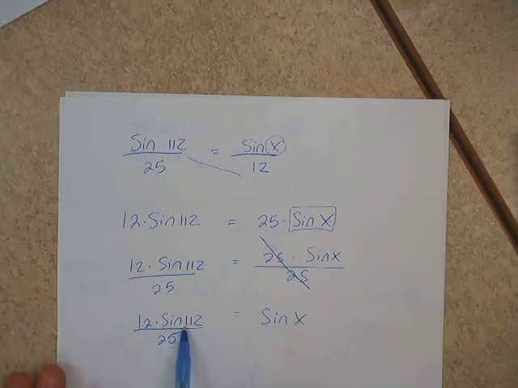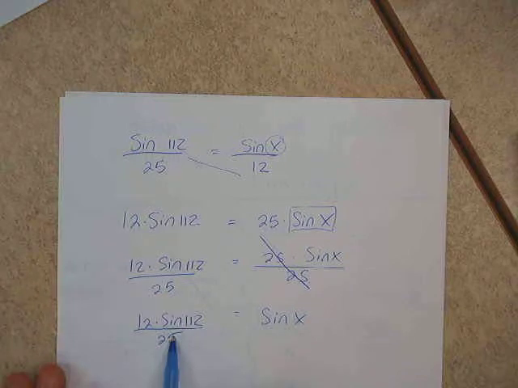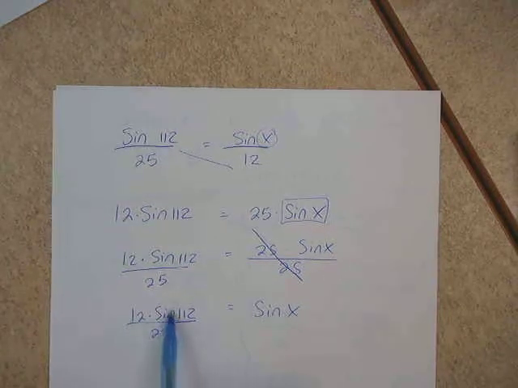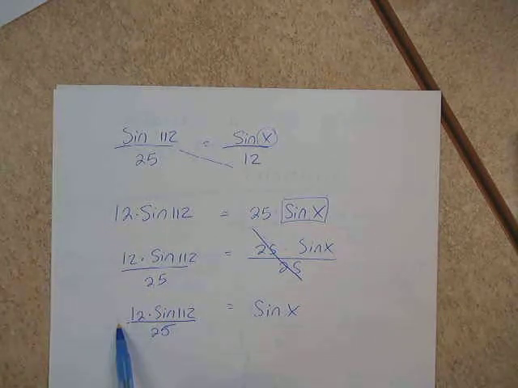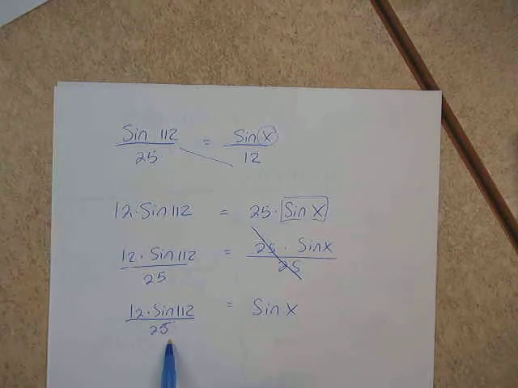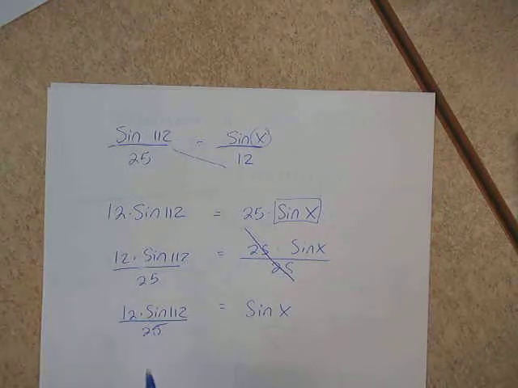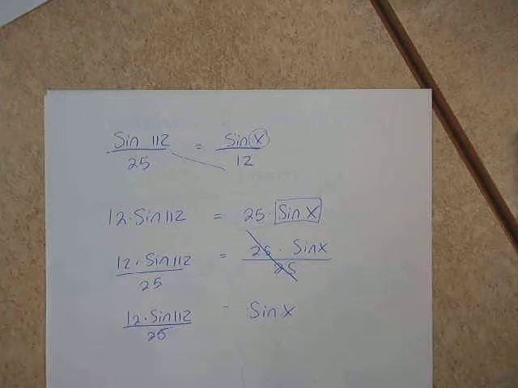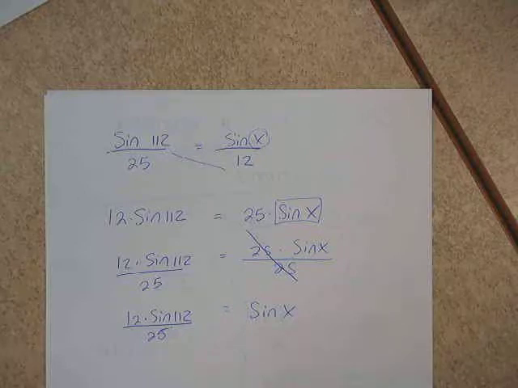Okay. At this point, our goal is to get this down to a decimal or a number, just one number. So if you turned that into a decimal, on some calculators you might have to do 112, take the sine, that's your sine of 112, times 12, then divide by 25. So take a second, pop this into your calculator, and see what decimal you end up with.